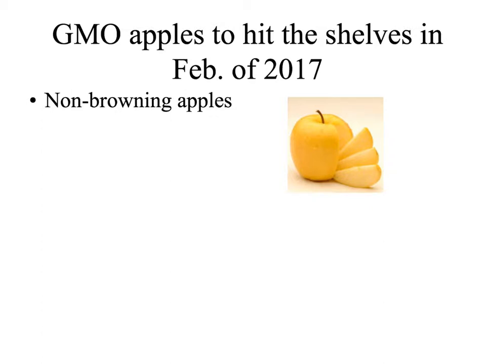This year, we will see the sales of non-browning GMO apples. These apples are scheduled to hit some grocery store shelves in February of 2017. These apples were produced using a new technology, the CRISPR-Cas9 system.